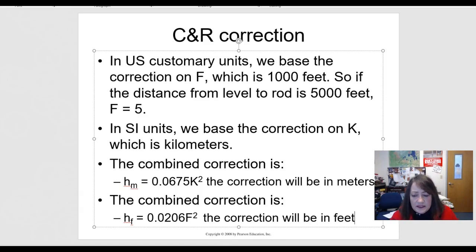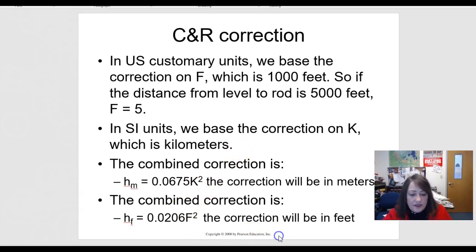These numbers tend to be quite small, and it makes sense. You don't really expect a huge correction based on curvature and refraction. But over the course of 5,000 feet, a mile or so, you might get a correction of a foot. That's approximate. It increases exponentially because we square that number.